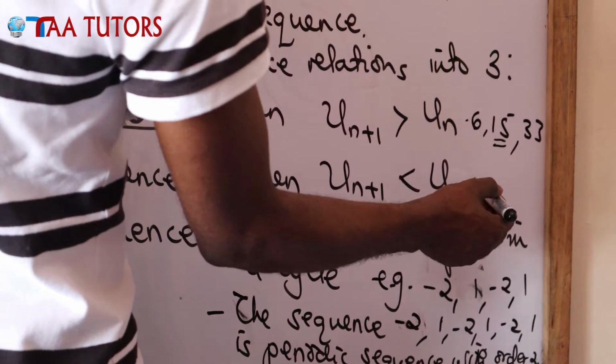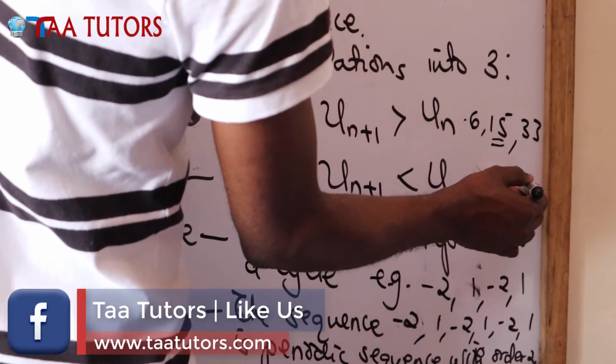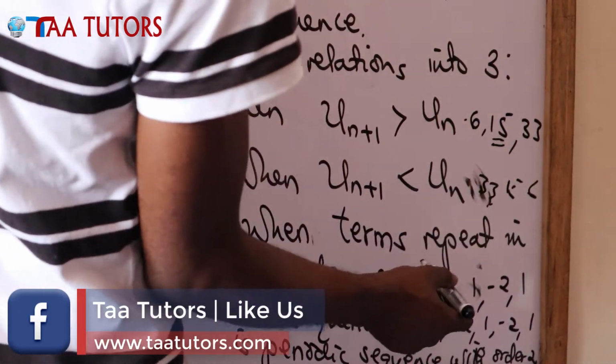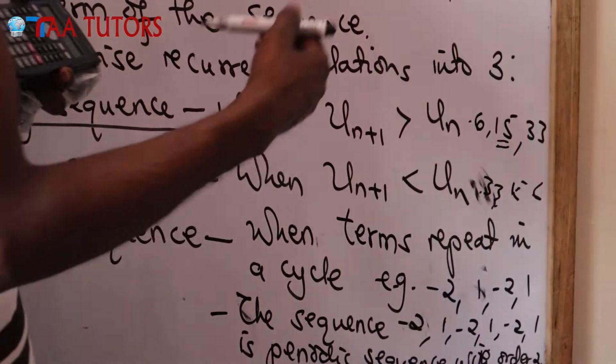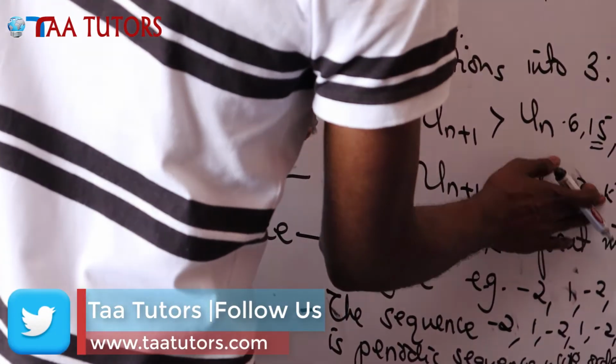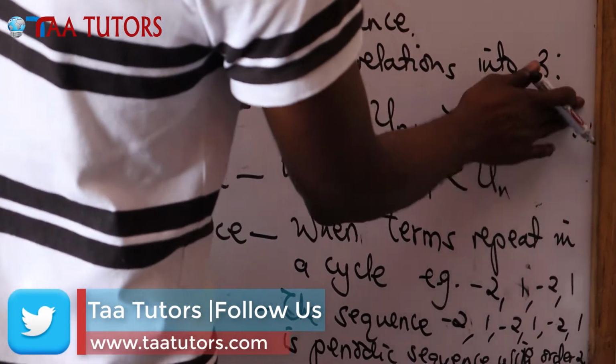But if you have 33, 15, 6, you realize that in this case, the next term is smaller than the previous term. So that's what we refer to as decreasing. The increasing and decreasing are much easier.